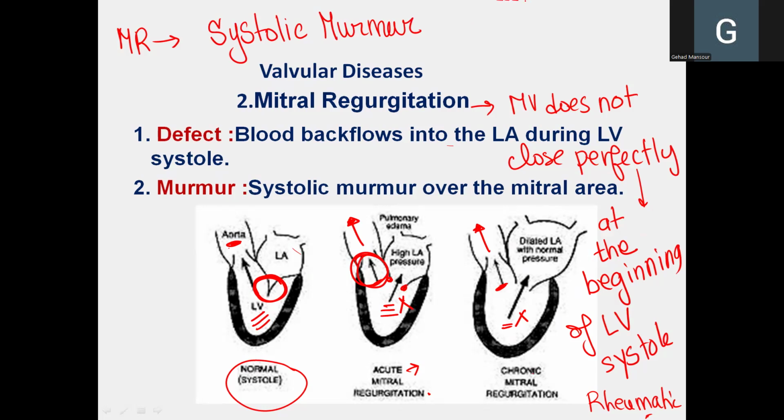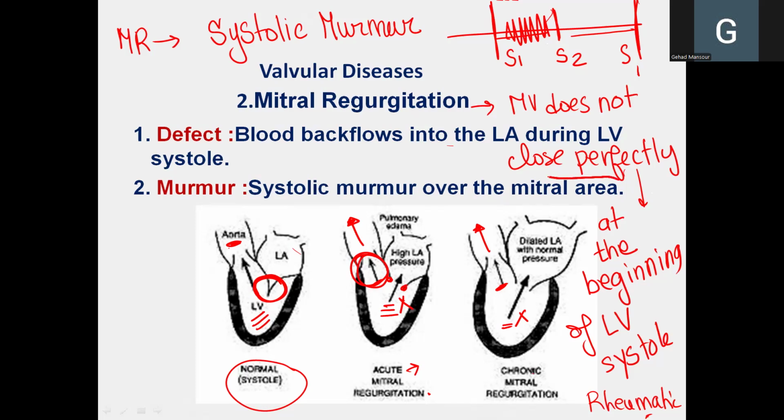So if this is the tracing of the first heart sound, and this is the tracing of the second heart sound, and then the next first heart sound, then this is systole and this is diastole. Where are we going to hear the abnormal sound of mitral regurgitation? We will hear it here in between S1 and S2, and this is the systolic murmur of mitral regurgitation.